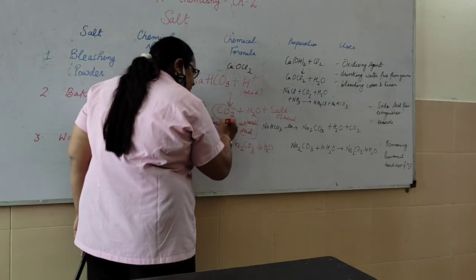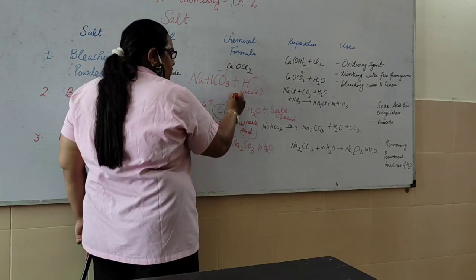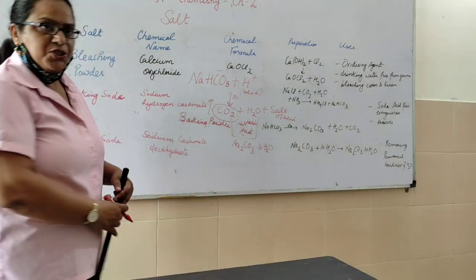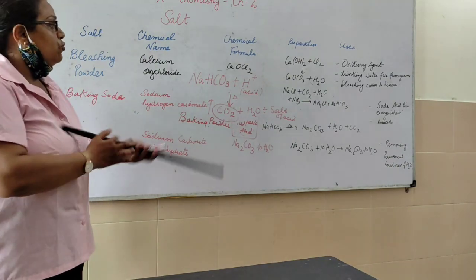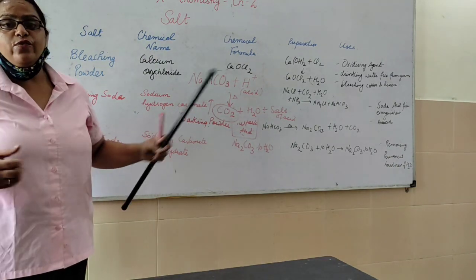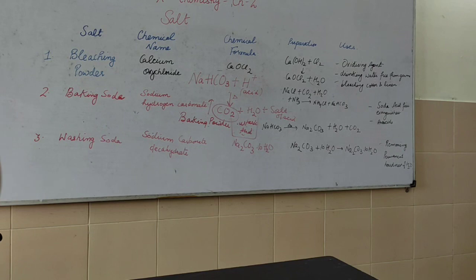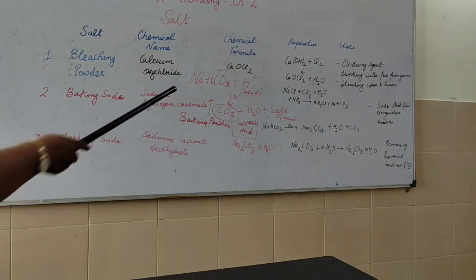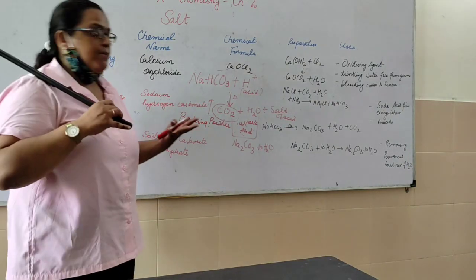So this CO2, when we heat the reaction mixture, is responsible for the fluffiness of cakes or fritters. This CO2 makes the fritters or cakes rise up.